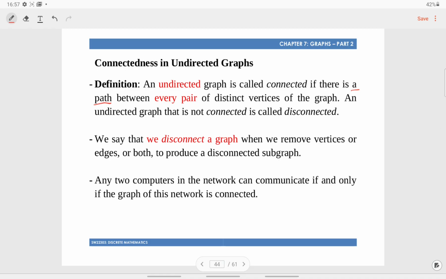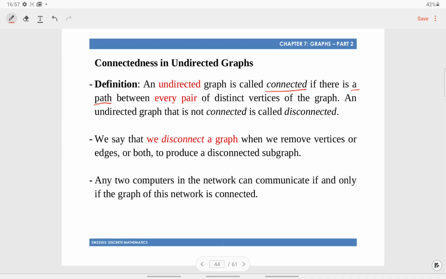Again, an undirected graph is called connected if there is a path between every pair of distinct vertices of the graph.